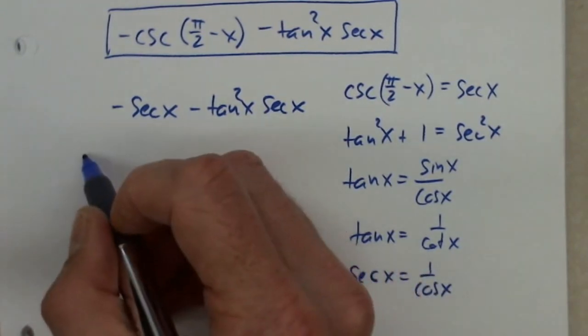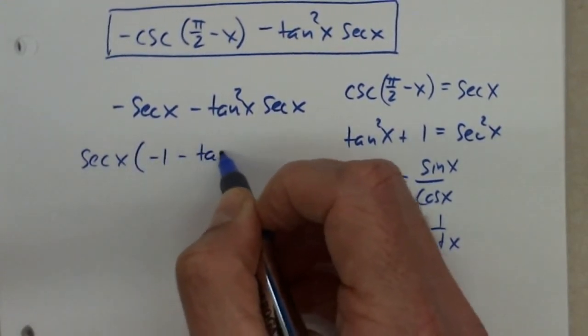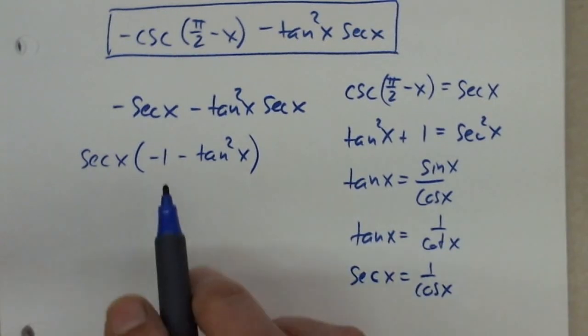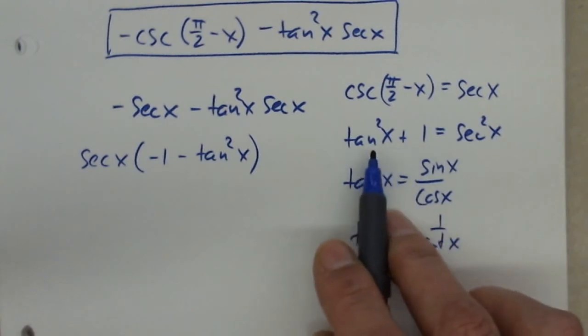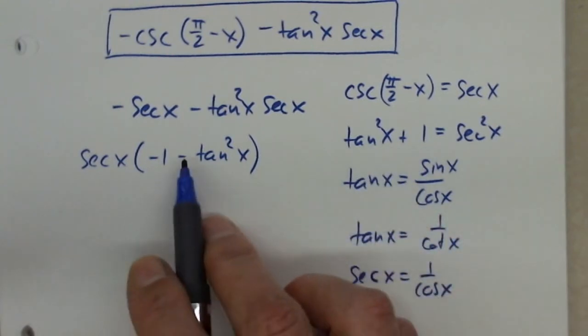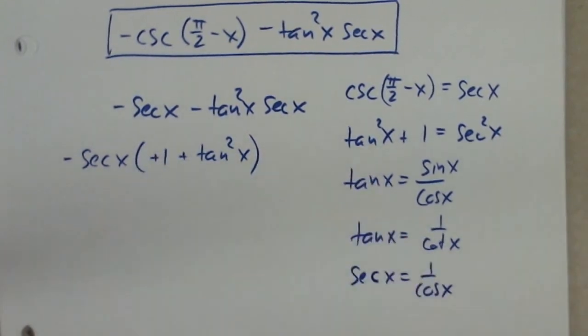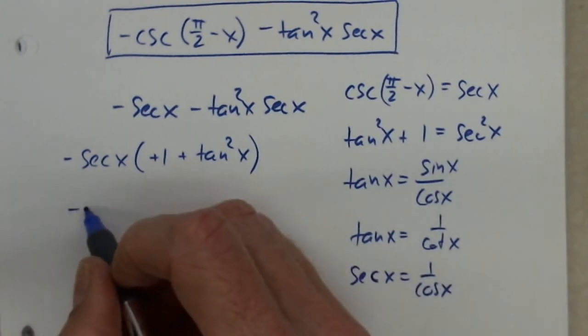Secant can come out. Minus 1 minus tan x, tan squared. Oh, that's not what this looks like. So why don't we take a negative out in front, put a negative. And now we have 1 plus tan squared, that's secant squared.